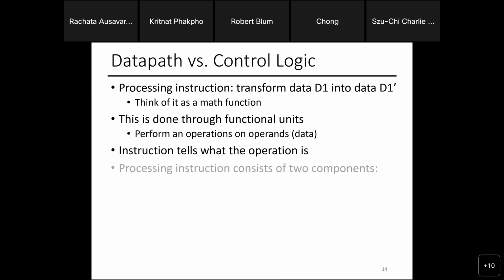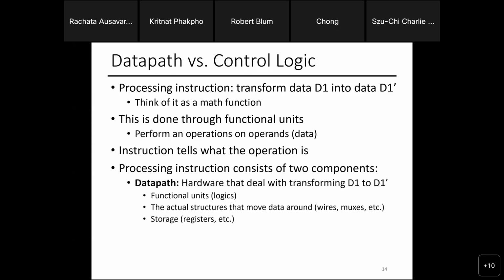The instruction would tell what the operation is, and when you process these things, it consists of two components. The first component is the data part. These are the hardware that deal with the transformation of D1 to D1 prime, like the AND or OR gate, or to add two things. The storage, for example, the register, these are also the data part.